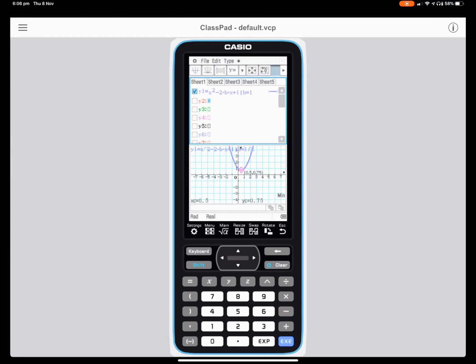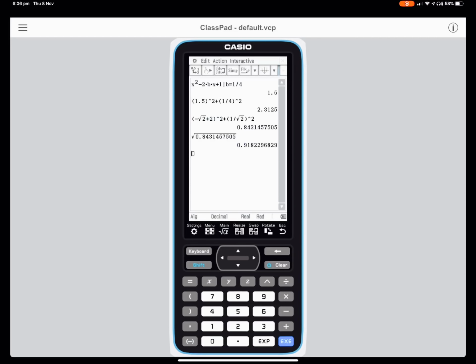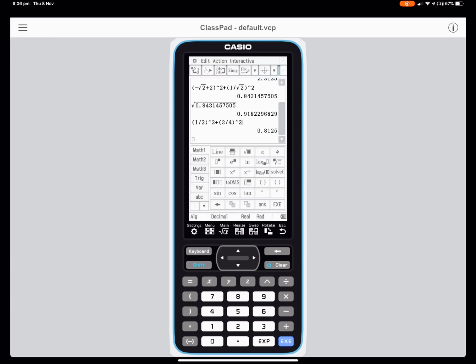Okay, b equals a half, b equals a quarter, b equals 1. So a half, 3/4, if I find that distance, a half squared plus 3/4 squared and square rooted. Okay, so we know that's shorter than the other one.